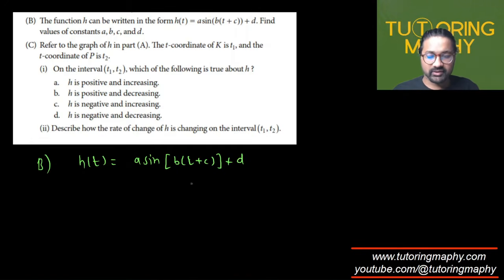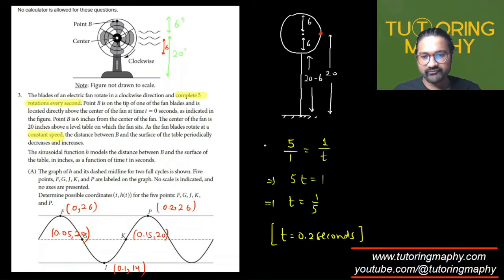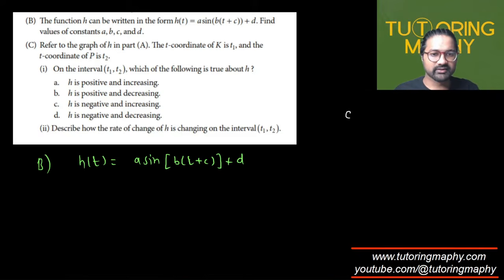There are a couple of things which we should know about trigonometry. Whenever we write anything in this form, this d represents the midline, right? And what is the midline, by the way? If you go back, midline is 20. So if the midline is 20 over here, I will say that the value of d is also 20.